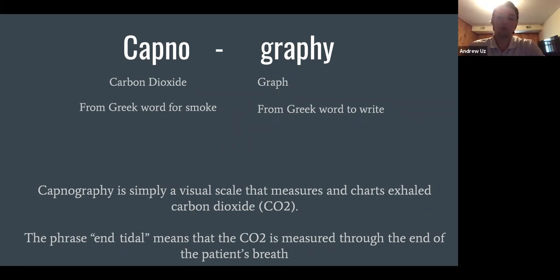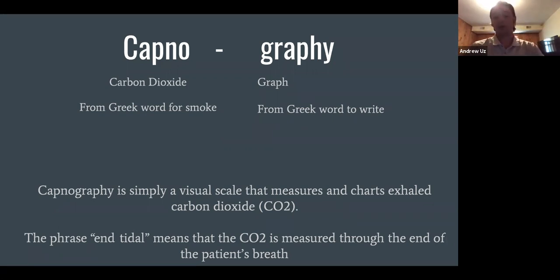And by smoke, what they mean here is carbon dioxide, which is the major byproduct of any form of combustion, whether that be in the cells or from a literal fire. So essentially, all this word really means is a visual representation of smoke or carbon dioxide.